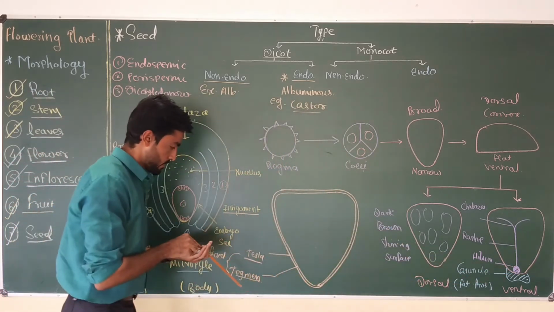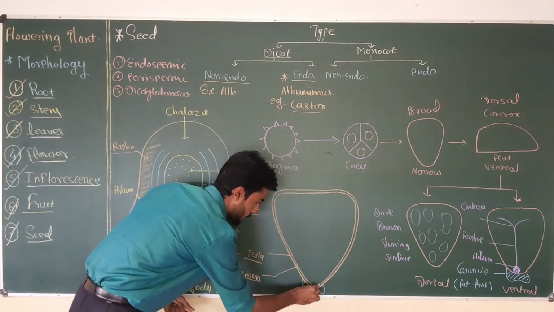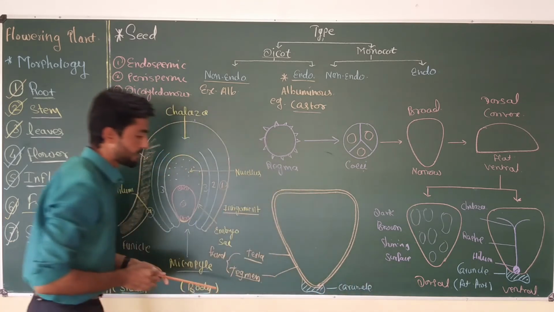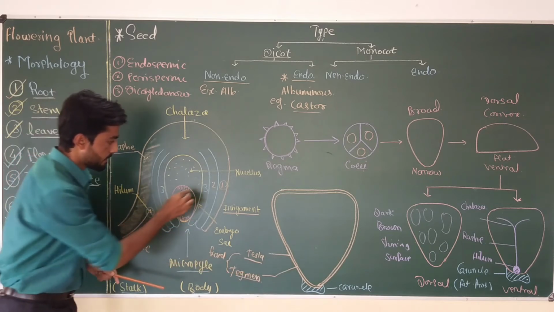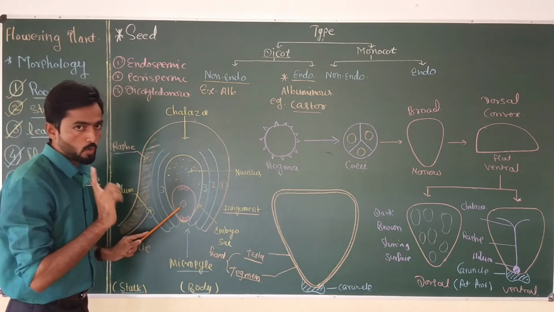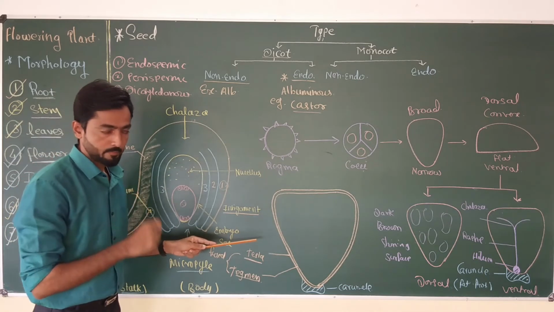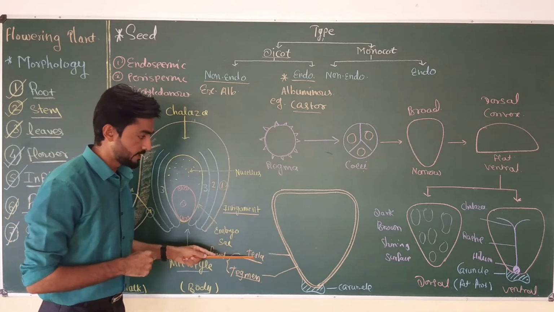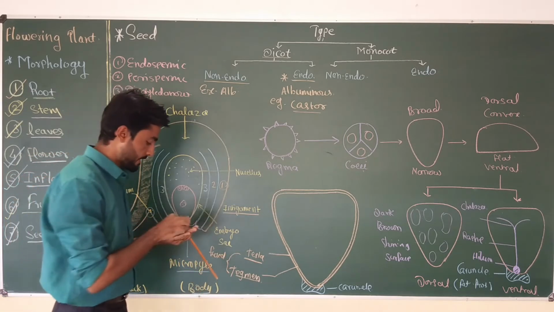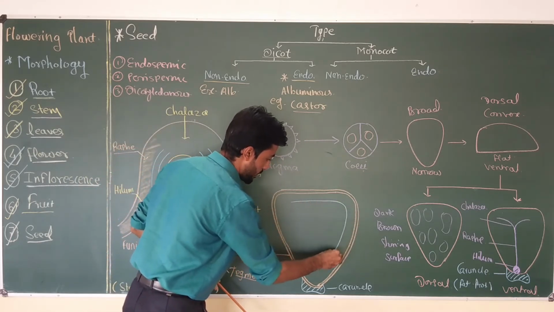Okay, so the structure which is present at the narrow end of the seed is the caruncle, and it is believed that it is produced by the third integument after fertilization of the ovule. So this is the first thing that you can observe in the castor seed when we take a transverse section of it. Now below the tegmen, another important thing is present, and it is called perisperm.